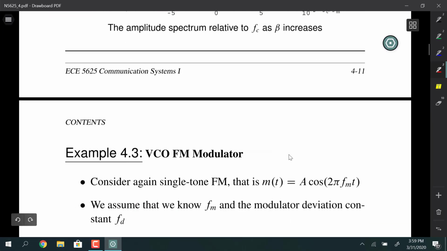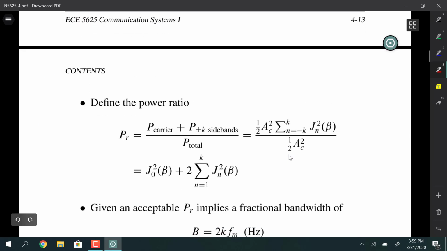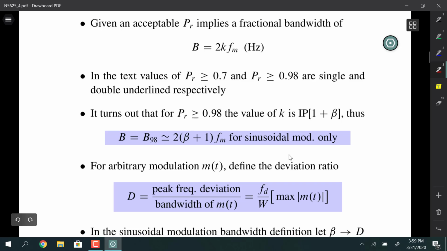And down here in this development right here, we're either going to be looking for 0.7, which is single, or 0.98, which is double underlines. Most of the time we're going to use the 98% bandwidth because that has a simpler relationship that we see here on this page. But that's what those single and double underlines mean in the table.